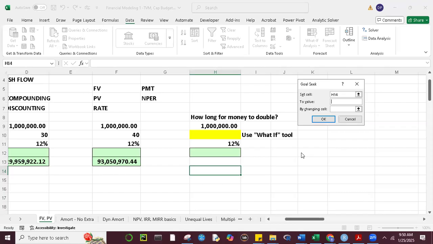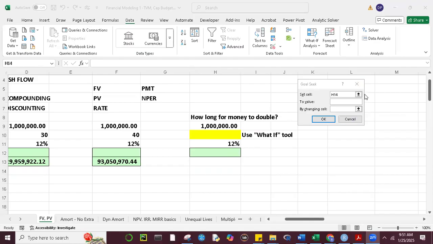Yeah, double the 1 million, right? The time it takes the money to double. Okay, how long? In the same manner, class, we're going to use this as the cell by which Excel will compute.